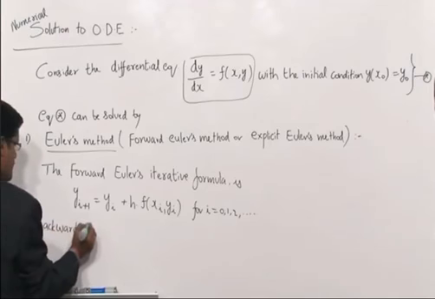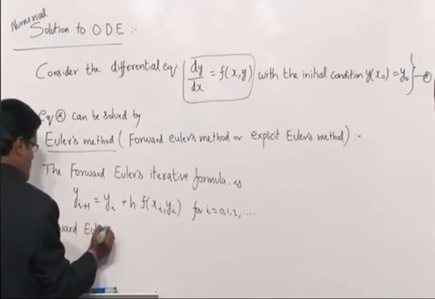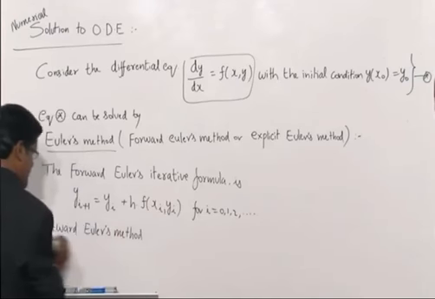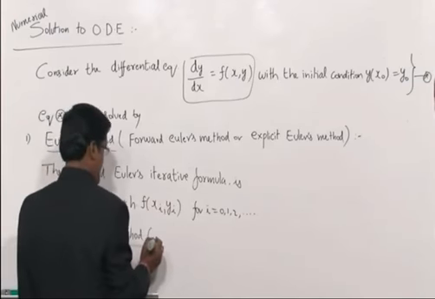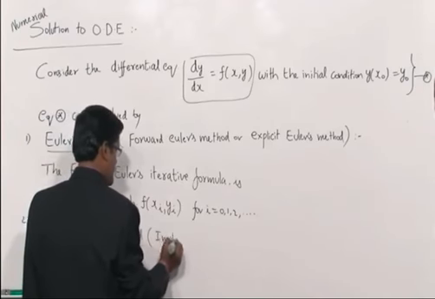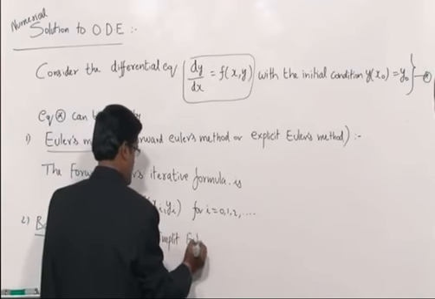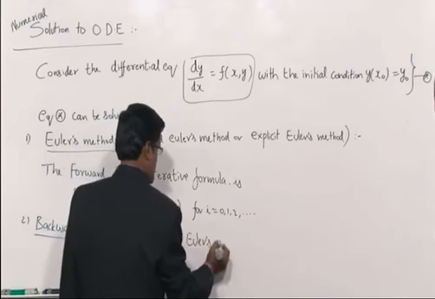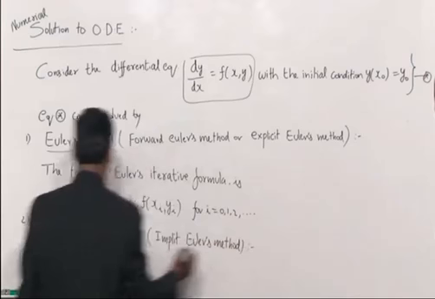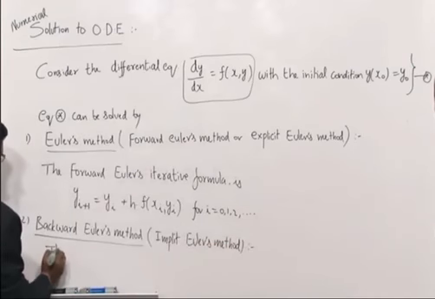Backward Euler's method. This is also known as implicit Euler's method. Now the formula I am giving.